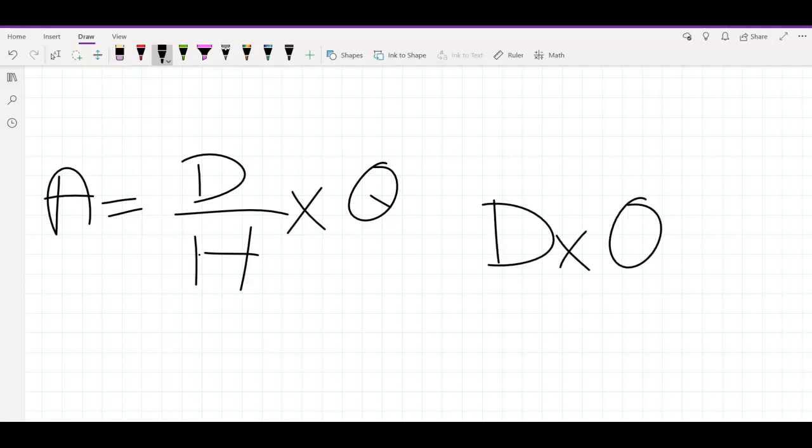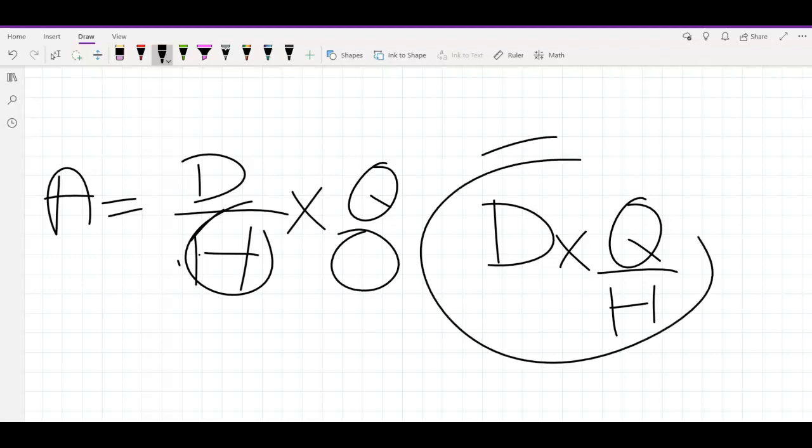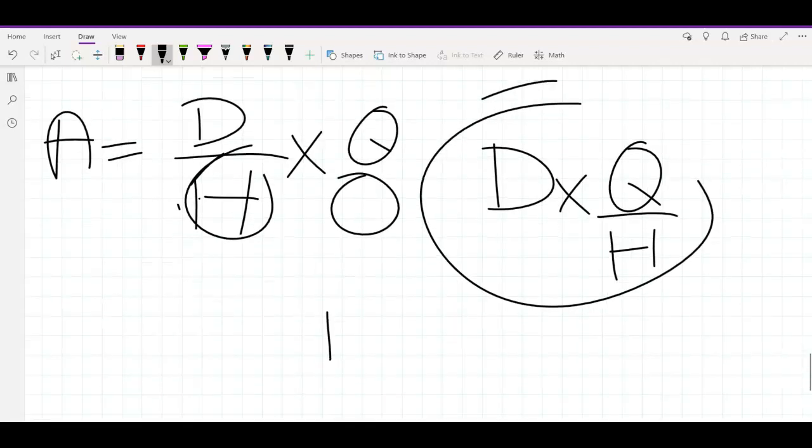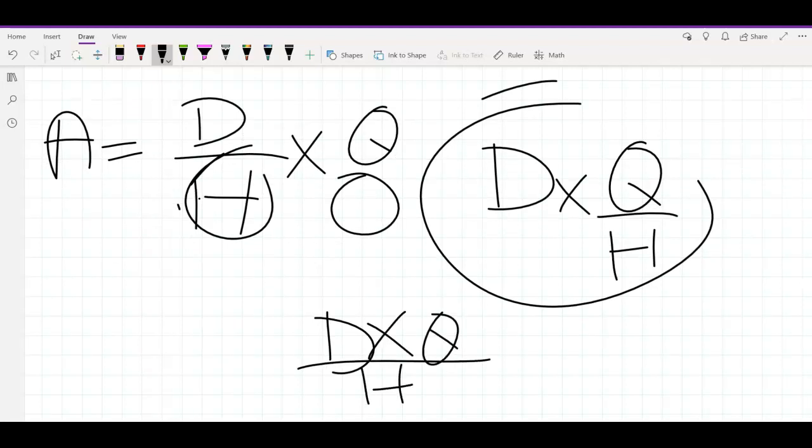D times Q over H. You're just taking the H and switching it. If you multiplied this out, you're always going to have D times Q over H. So it doesn't matter where the H is.